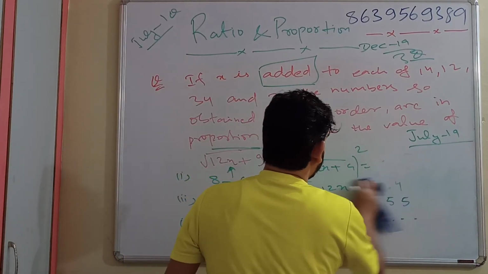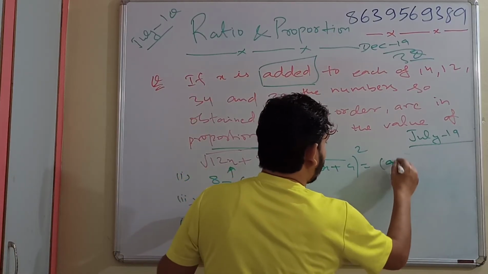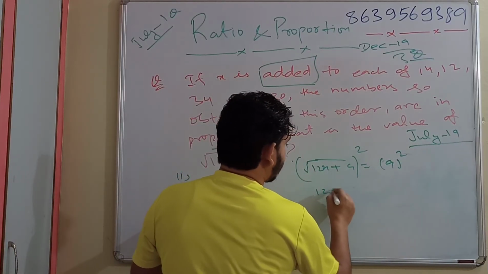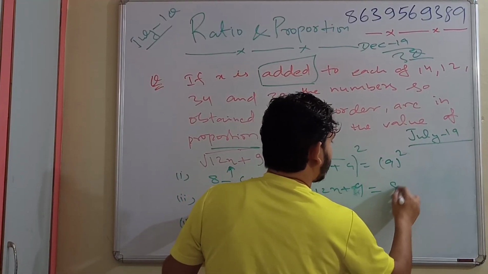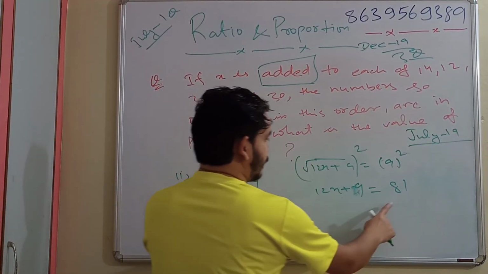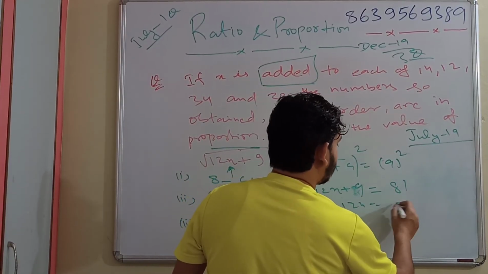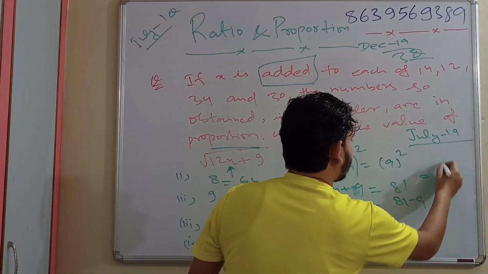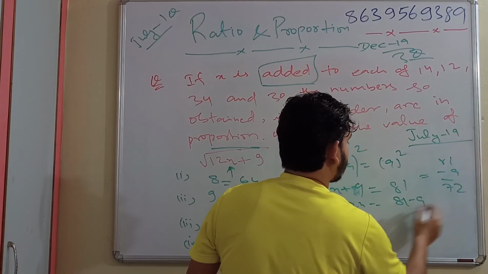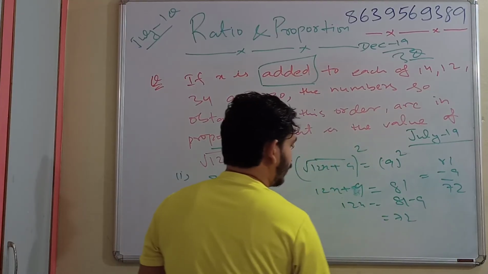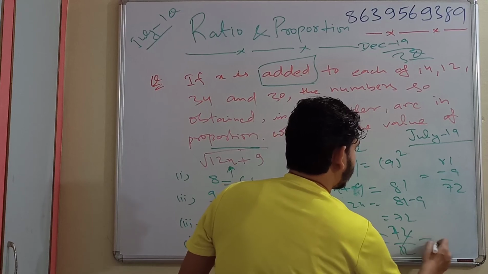Now when we take the second one, the square root of 12x plus 9 is equal to 9, so 12x plus 9 is equal to 9 squared, 81. Now 12x is equal to 81 minus 9, which is 72. So x is 72 divided by 12, that is 6.